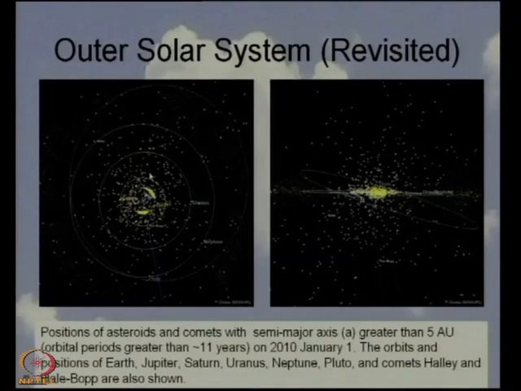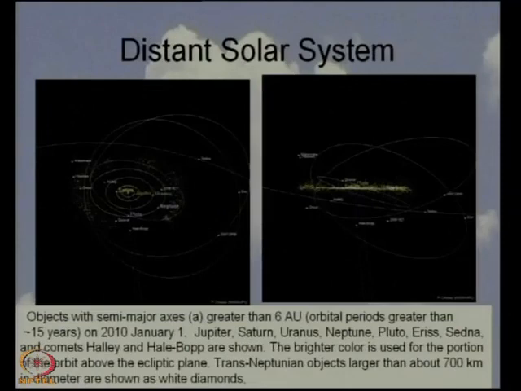Okay, the two comets Halley and Hale-Bopp are also shown in this picture, and this shows you the distant solar system. Okay, so it shows you all objects which are beyond 6 astronomical units, okay, as of 1st January 2010.